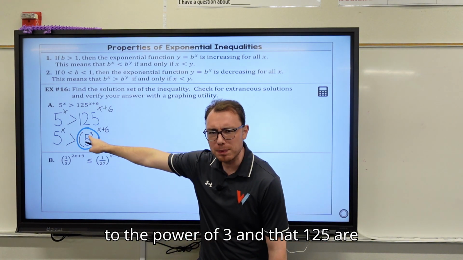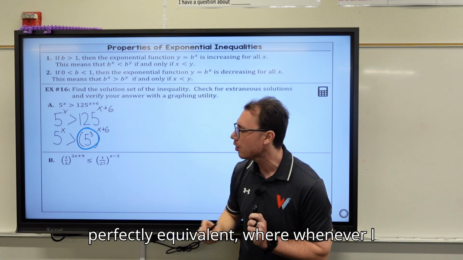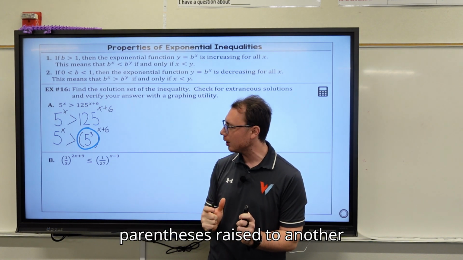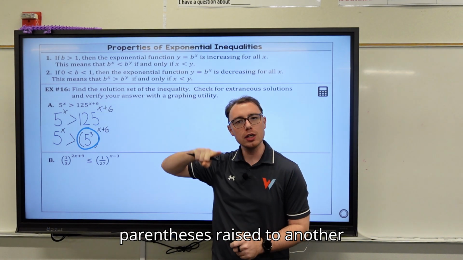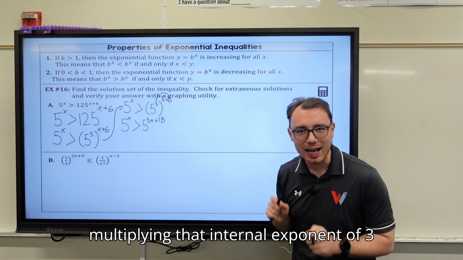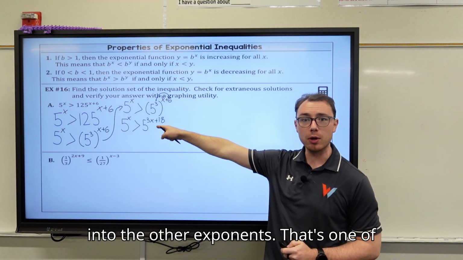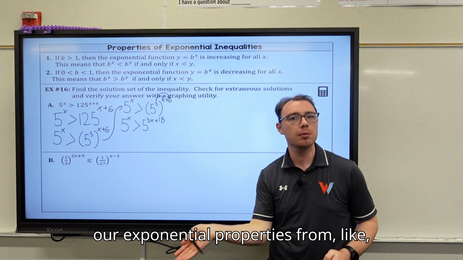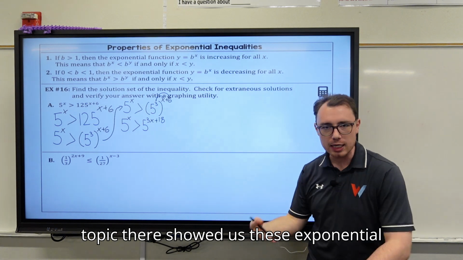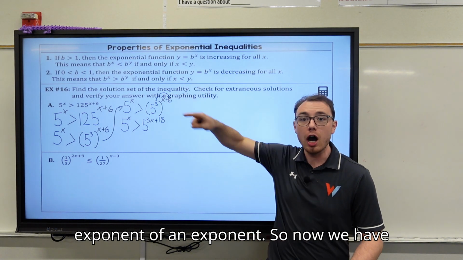They are perfectly equivalent, where whenever I have an exponent inside parentheses raised to another exponent, I'm multiplying that internal exponent of 3 into the other exponents. That's one of our exponential properties from unit 2.11, showing how exponents distribute when there's an exponent of an exponent.